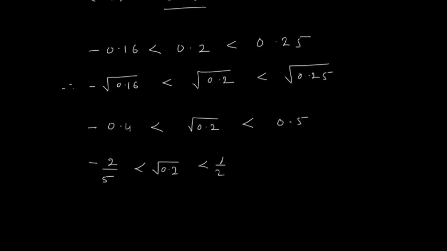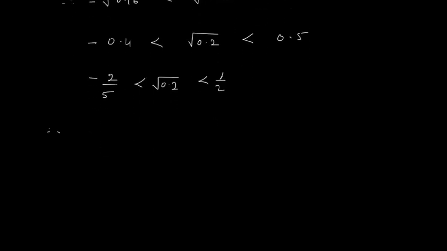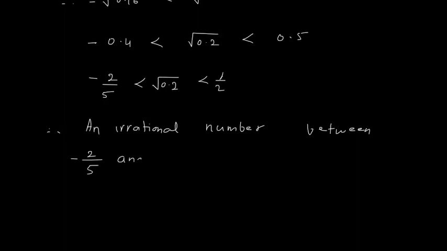So therefore an irrational number between minus 2 divided by 5 and 1 divided by 2 is root of 0.2. Now you have to keep in your mind that there is not only one irrational number between these two numbers.